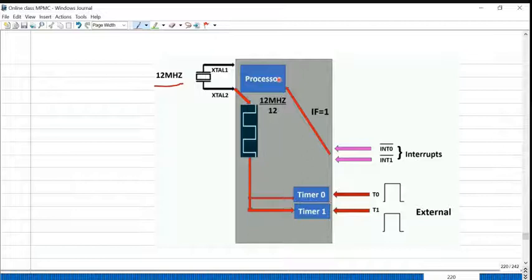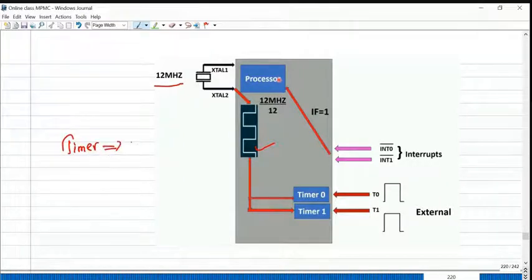In timer mode, these timers receive clock pulses from the processor's internal oscillator, internal clock pulses only. In counter mode, timer 0 and timer 1 both receive signals from an external device. Please remember this. I'll write it down here.